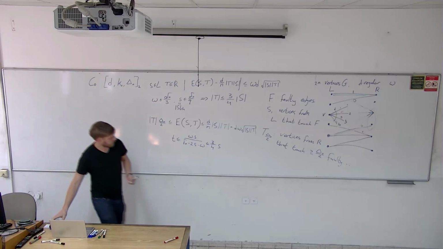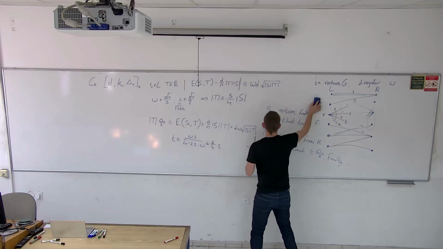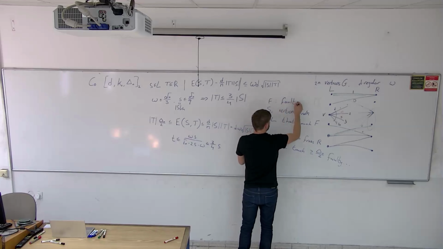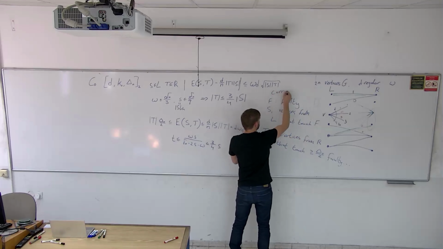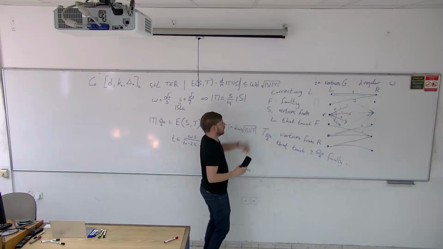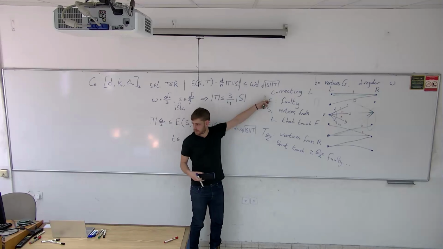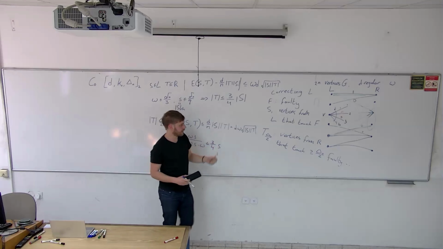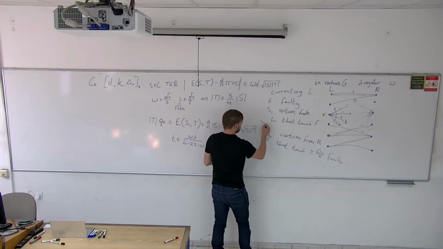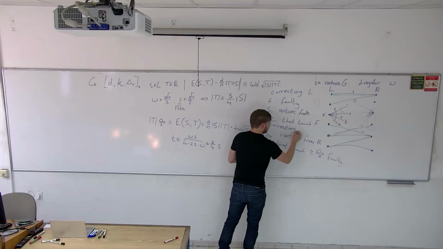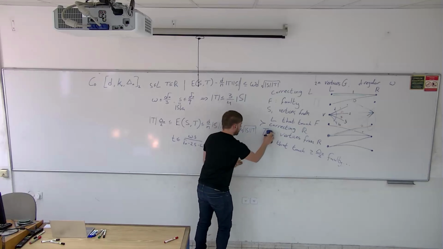I correct the left, and then I define F, the new faulty edges, and I call S1 the vertices from the left that touch faulty edges. Then I run correcting on the right side, and then I look at T1, the vertices that touch faulty edges.